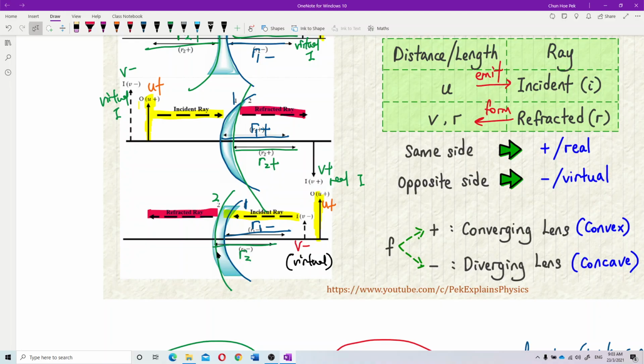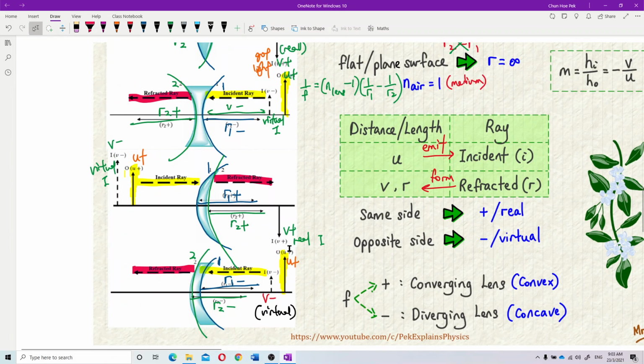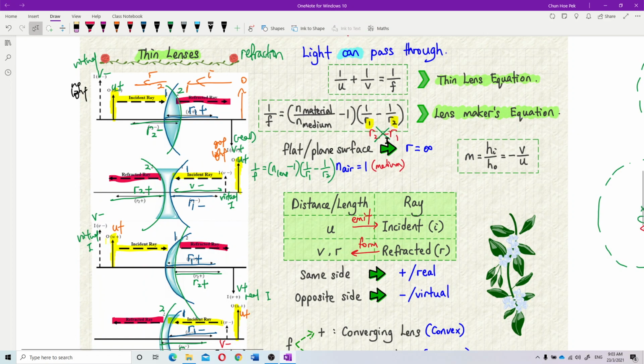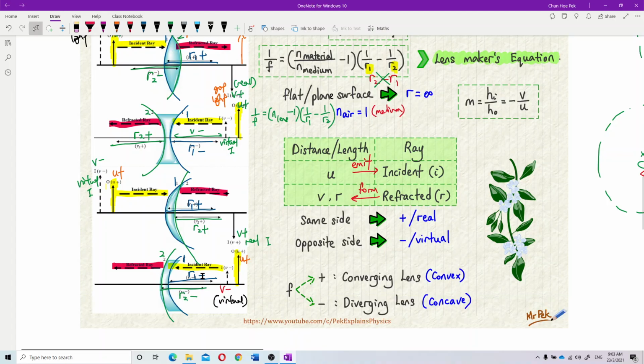It is opposite to the refracted ray, so this R2 is negative. So for this one, R1 and R2 are both negative.